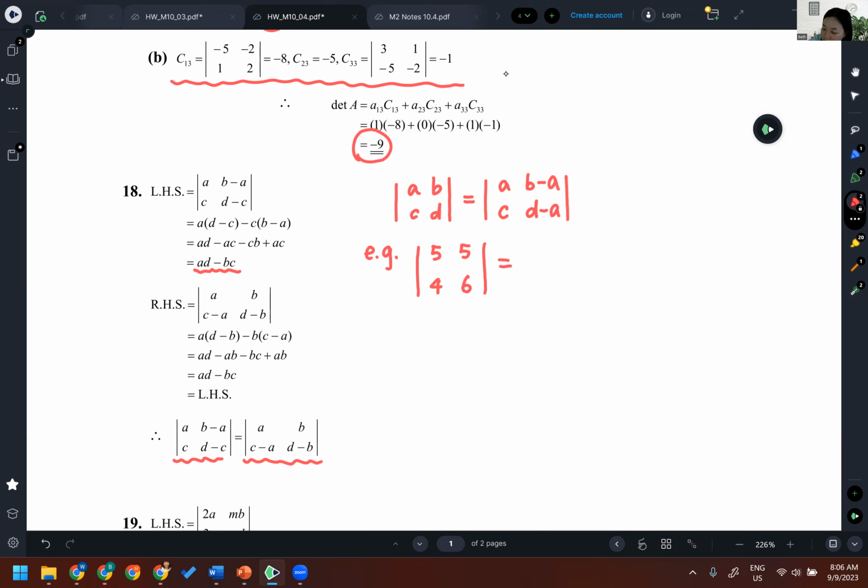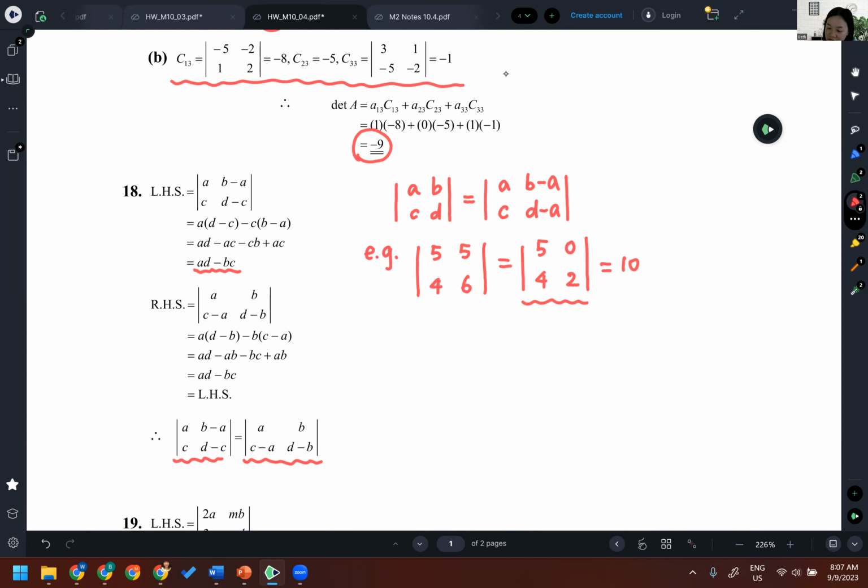I can simplify by saying, this is 5, 4, but I'll reduce the second column by 5 minus 5, which is 0, and 6 minus 4, which is 2. In this case, this one is easier to compute. It has a 0 here, so this one is 10. You know what I mean? So you can reduce one column if you see fit in this way.